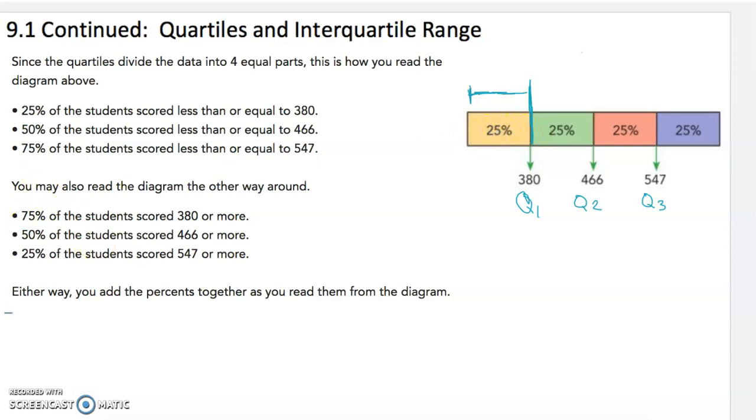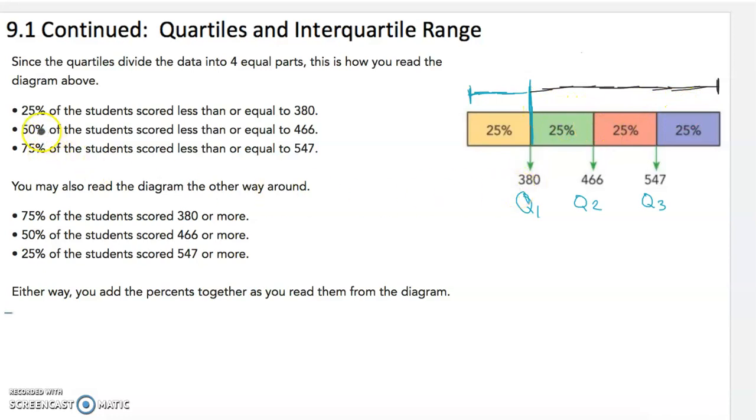On the flip side, if we look to the right of 380, this represents people who scored above 380. So we could say that 75% scored greater than or equal to 380. Because again, as you can see from this 380, there are 3 sections of the diagram, and each section is 25%.